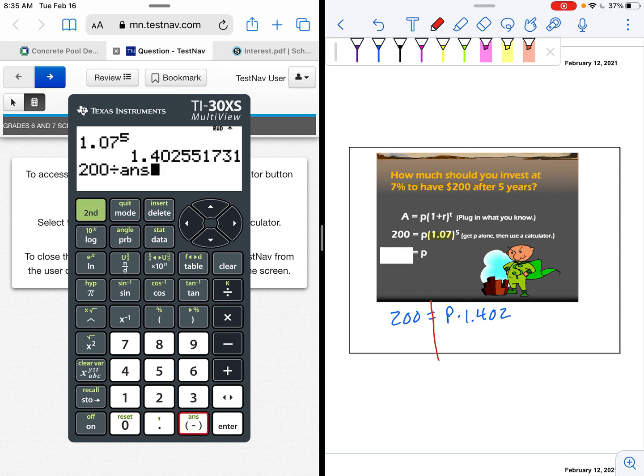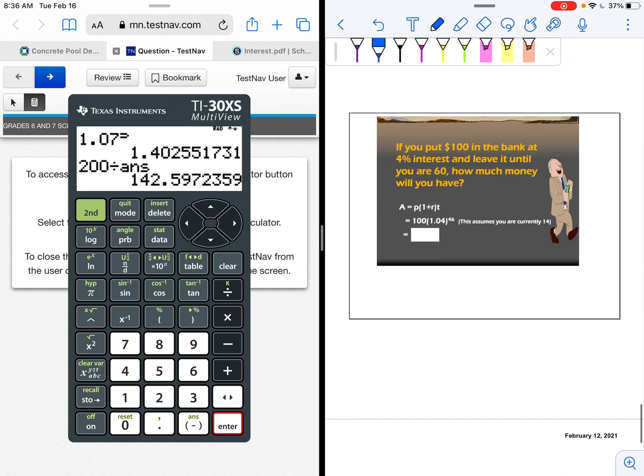And what that's going to do is divide it by my previous answer, and then I hit enter, and I get $142. So I should have invested $142.60, because I'm just going to round it, if I wanted to have 200 in my account after 5 years. So we're just kind of moving that variable around a little bit. So $142, and that rounds up to 60 cents.